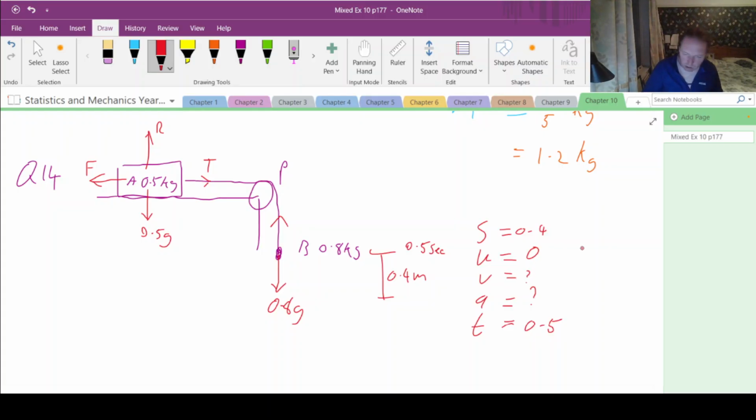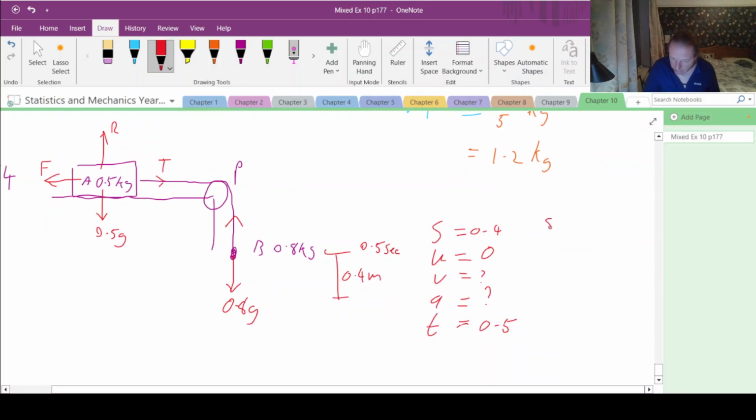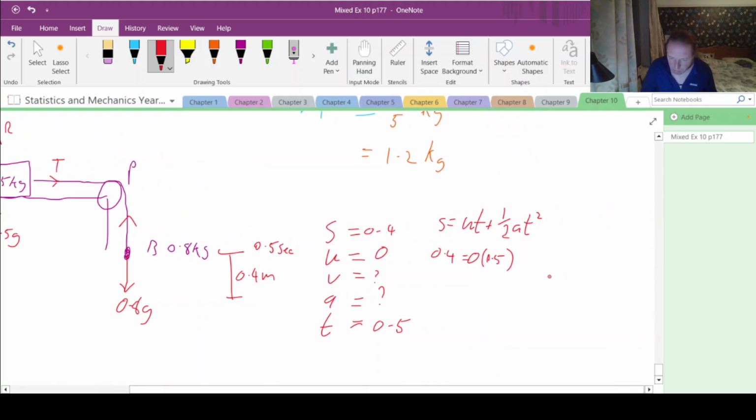So we're going to use S equals UT plus a half AT squared. Plug it all in: 0.4 equals 0 times 0.5, plus a half A times 0.5 squared.